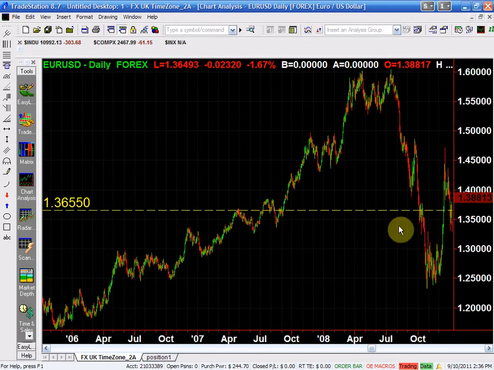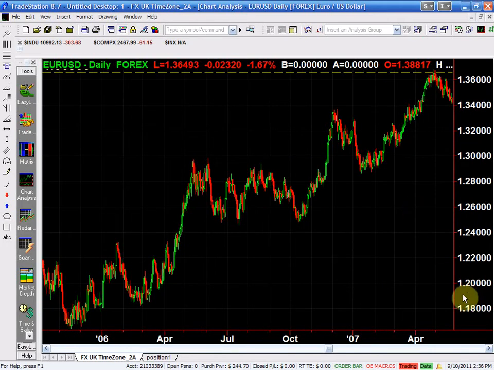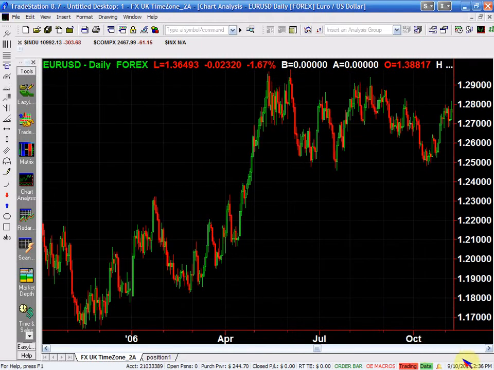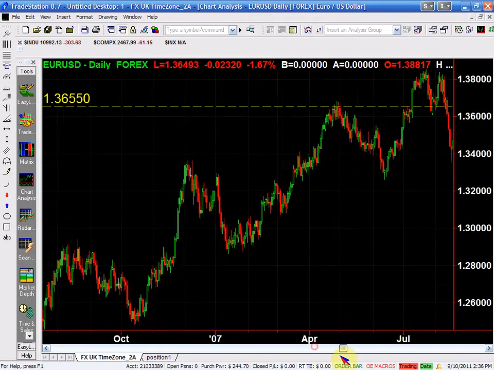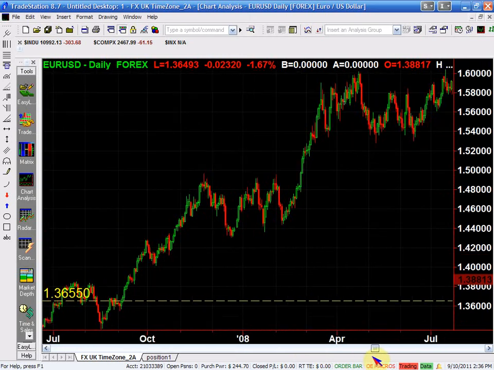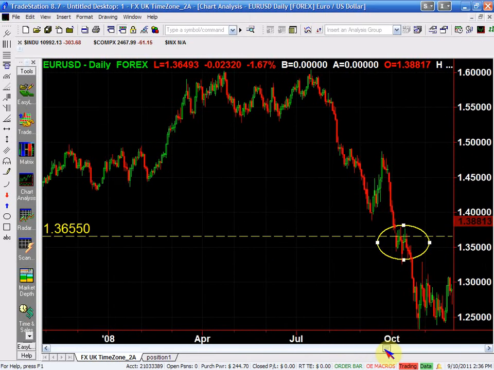And when we broke it once over here back in 2008, we had a lot of volatility around the 136 here. Again, I'm looking for the behavior so that I can expect similar behavior right now.